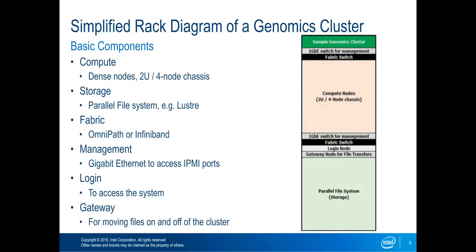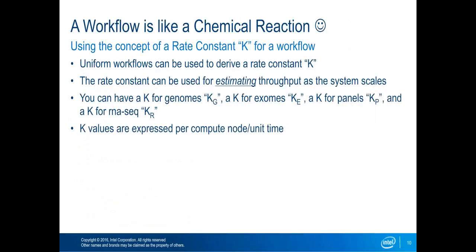So that's the idea. And if we continue on here, those of you who maybe don't know me, I'm a chemist, an organic chemist by training. But after doing a lot of these benchmarks, it came to me that we could consider a standard workload, where you're running a number of genomes, as like a chemical reaction.